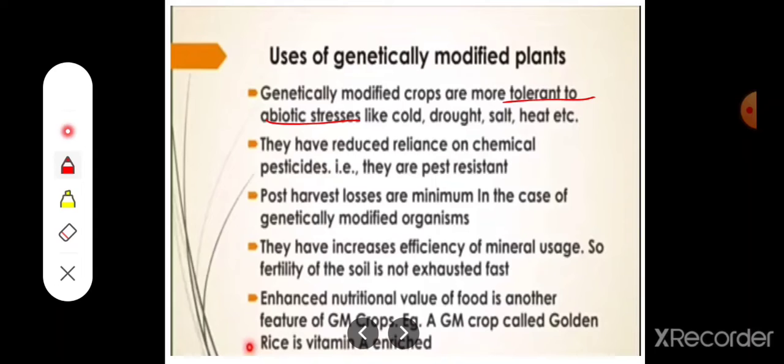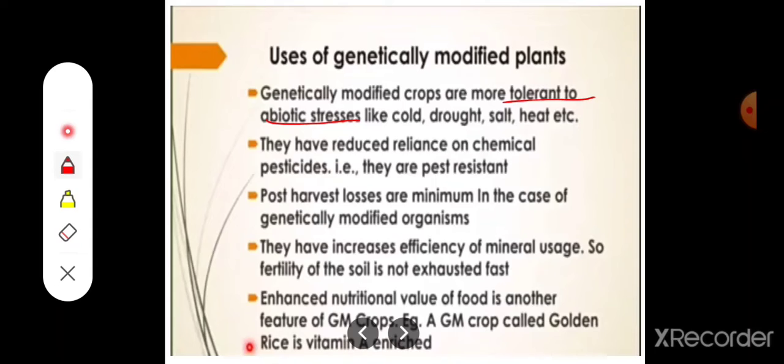Abiotic factors include temperature, pH, and all those things which affect the plant. Stress is like when we normally do a function and there is some change in it, we get tensed. In the same way, plants, when there is a change in their environment, go through abiotic stresses, and these genetically modified crops can be tolerant against these abiotic stresses.